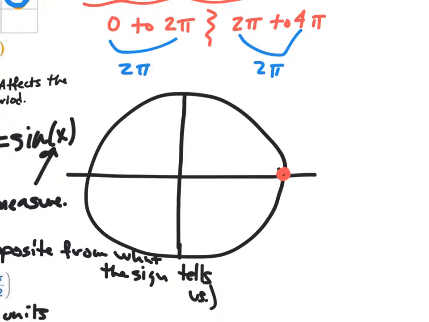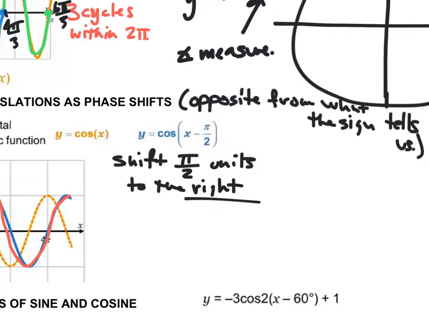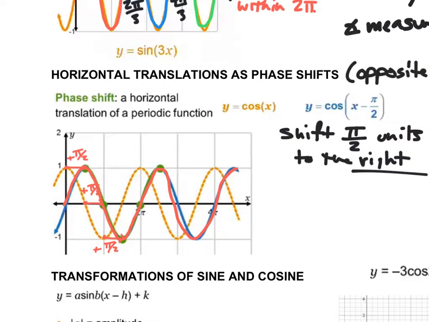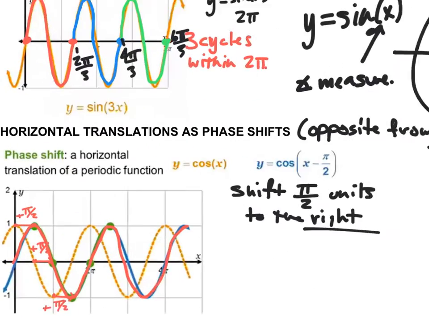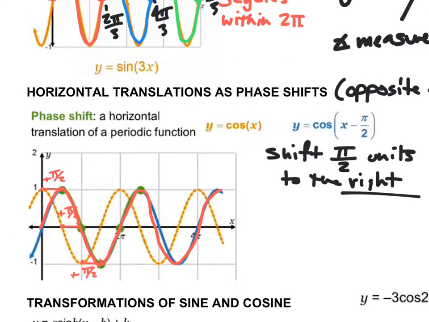Instead of starting at 0, we would start at pi over 2. And so it shifts everything on this graph 90 degrees, and that's how we get those values. Kind of crazy. So yes, you're right: y equals cosine of x minus pi over 2 is the same thing as y equals sine of x.